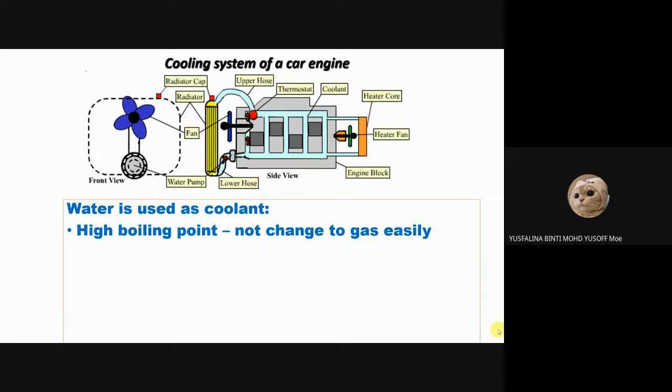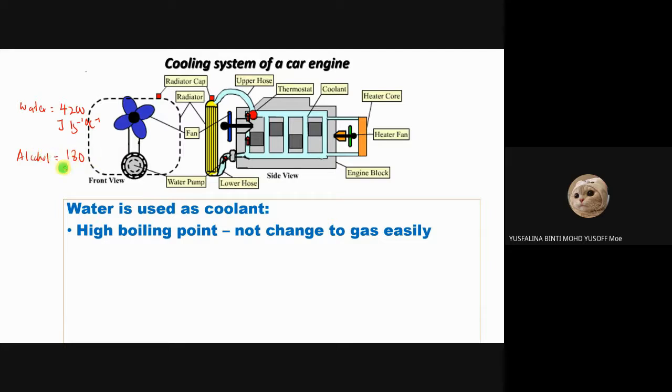Okay. So let's say if you use alcohol, it has a very low specific heat capacity. Let's say you start your engine. For water, the specific heat capacity is 4,200 J/kg°C. So if I give water 4,200 joules of energy, it will rise only 1 degree Celsius. For alcohol, it depends on the type of alcohol.